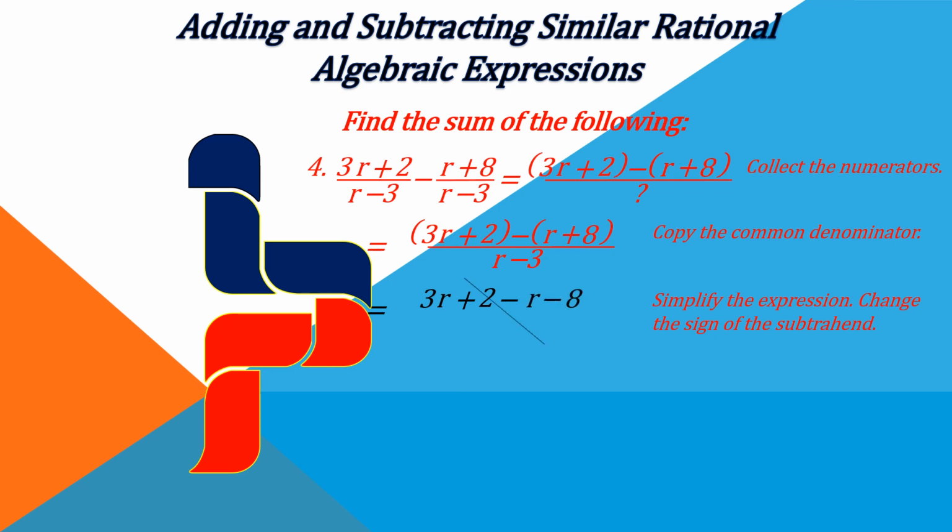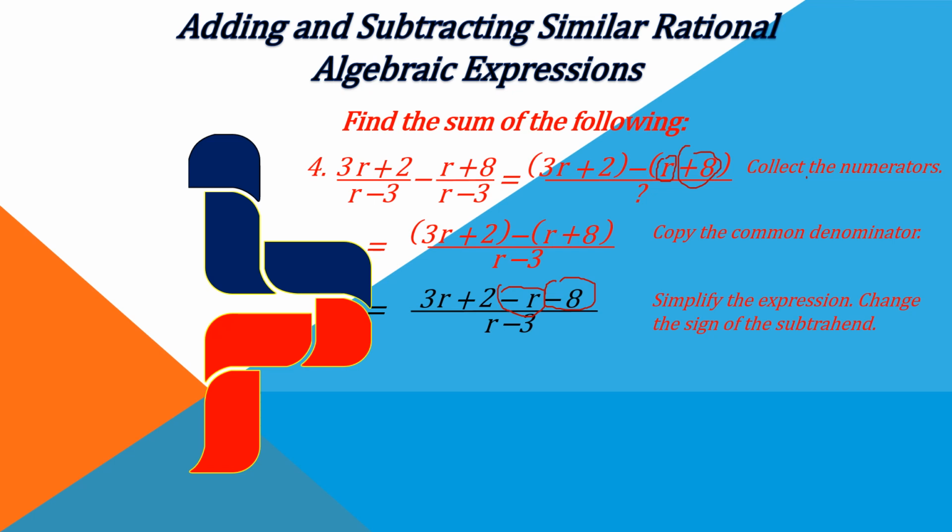We have 3r plus 2 minus r minus 8 all over r minus 3. If you can see, minus r here, the r became negative from the original positive r, and 8 became negative 8 from the original positive 8 because of the sign operation, which is subtraction.